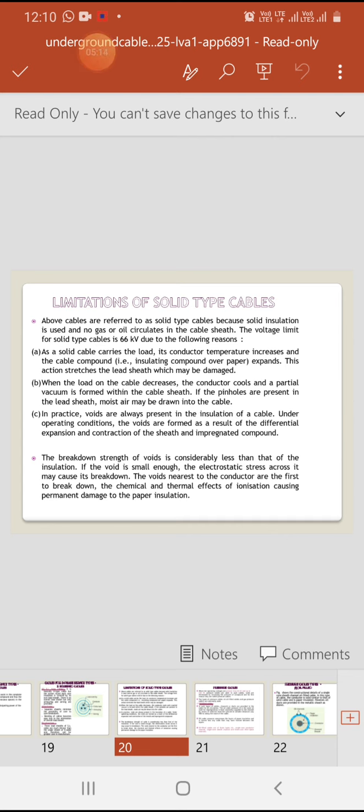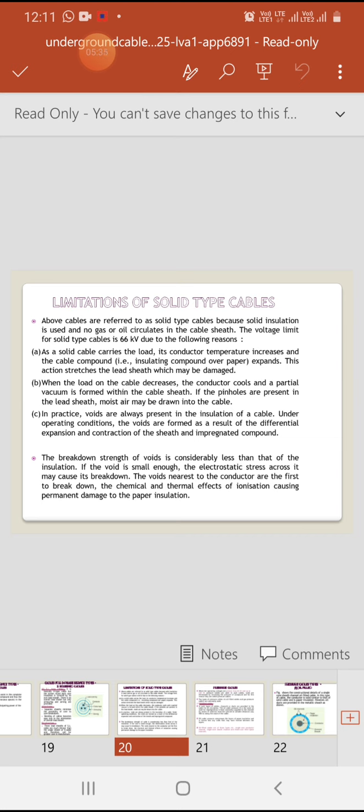The first reason is, as a solid cable carries the load, its conductor temperature increases and the cable expands, and due to this action it stretches the lead sheath, which may be damaged.